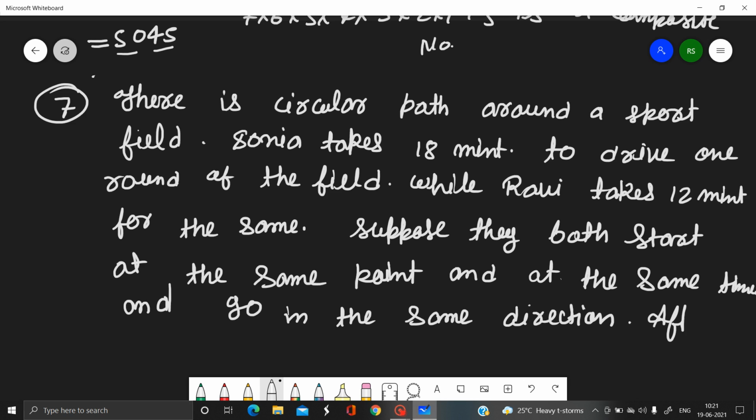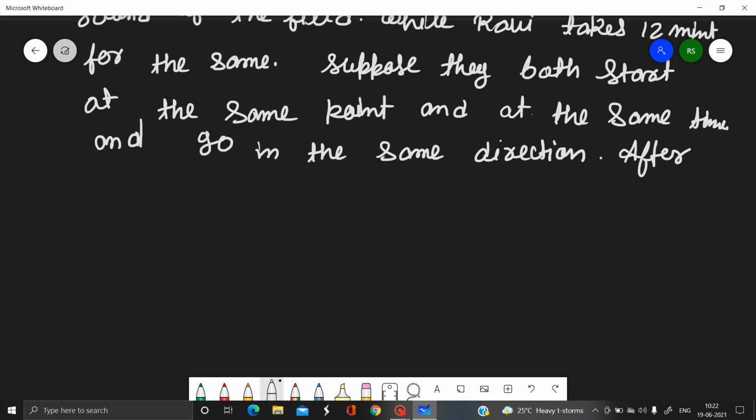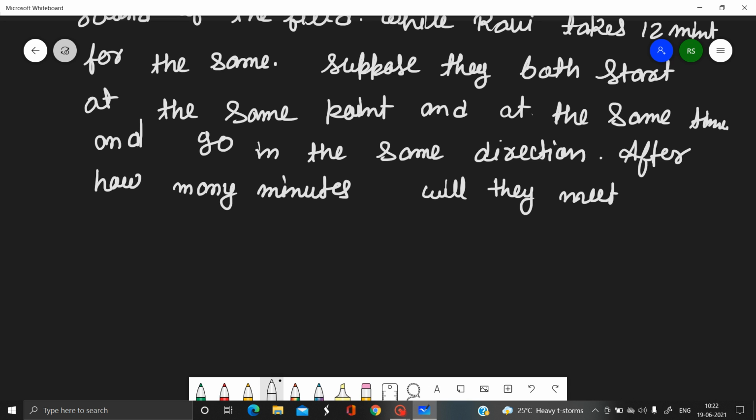After how many minutes will they meet again at the starting point? Again at the starting point.